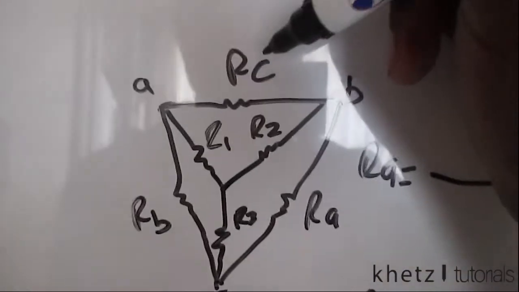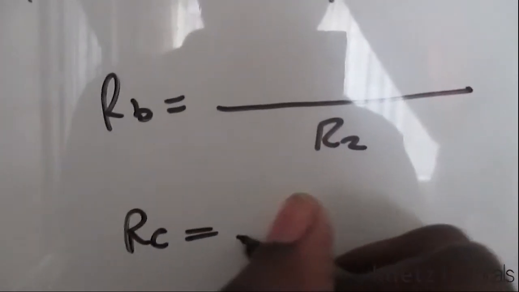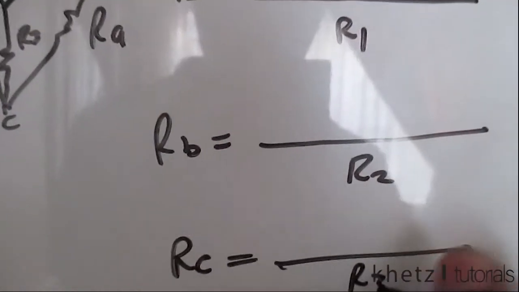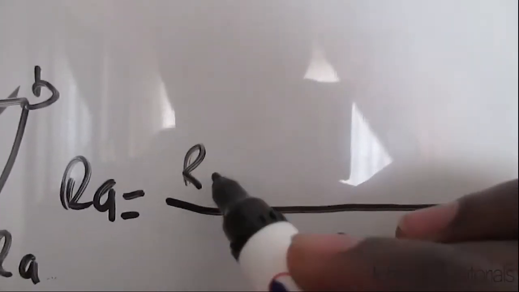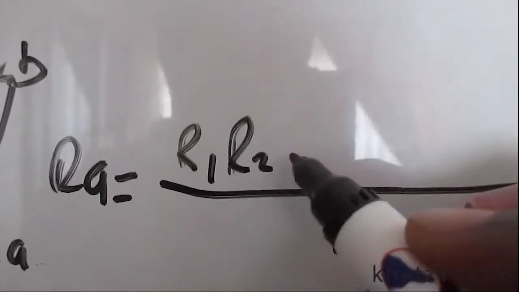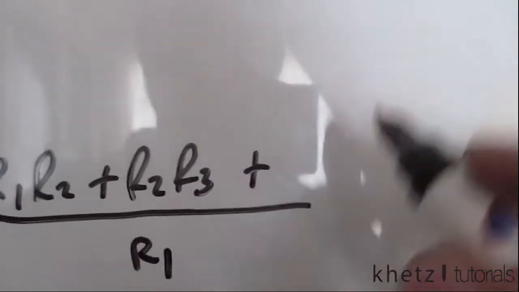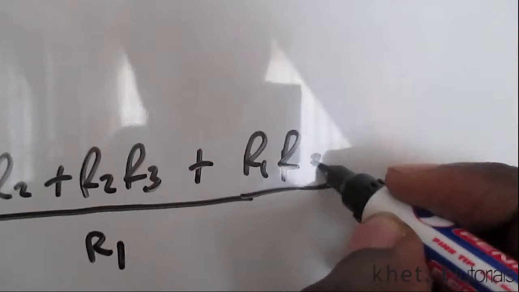Now finally, RC is facing R3. So for RC, you draw a line, divide by the one it's facing, which is R3. And then finally, what you do is you multiply all the possible pairs of resistors which are present and add them up.